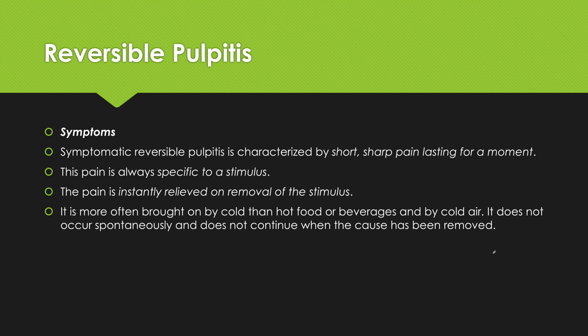The symptoms of reversible pulpitis are characterized by short, sharp pain lasting for just a moment. This pain is always specific to a stimulus and it is instantly relieved on removal of the stimulus. It is more often brought on by cold food than hot food or beverages, and by cold air.